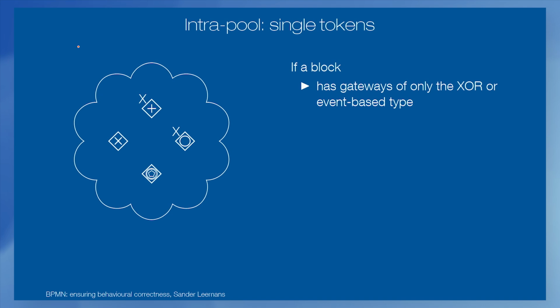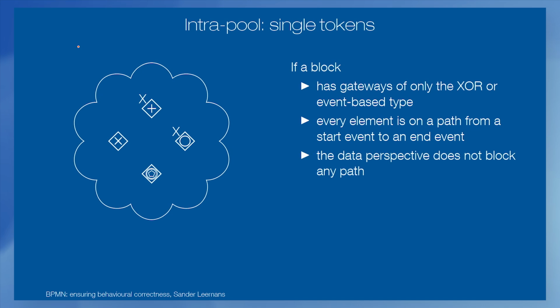And again, let's look at this step by step in more detail. If we can identify a block, and that block has gateways that are only of the XOR or event-based type, and every element is on a path from a start event to an end event, and the data perspective doesn't block any path, so no activities that we cannot reach due to conditions, then the block is behaviorally correct.